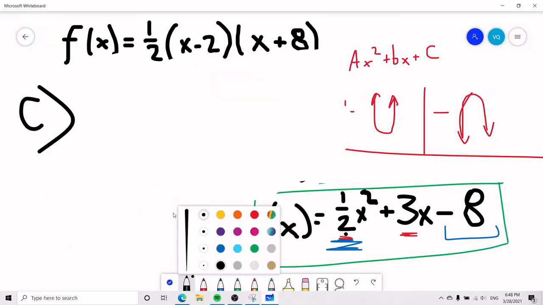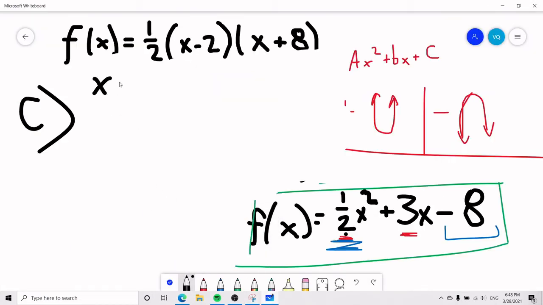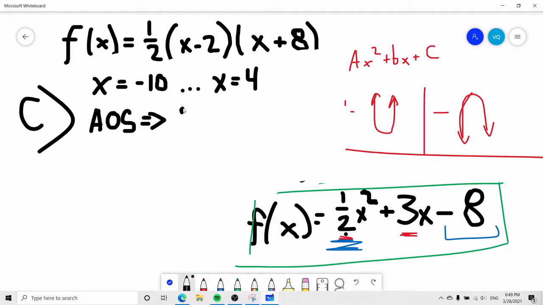The distance here and here are going to be the same, all right? And so we know that the first solution for part C is, because they give it to us, -10, okay? And we have to prove that the other one is x equals 4, okay? Now, having the axis of symmetry in mind, if my axis of symmetry is -3, and they're telling us that my first one is -10, we have to think how far away is -10 from -3, right?